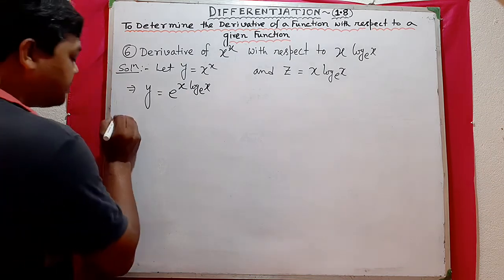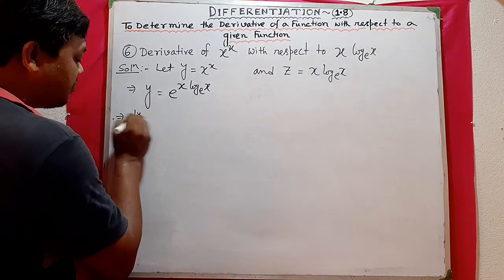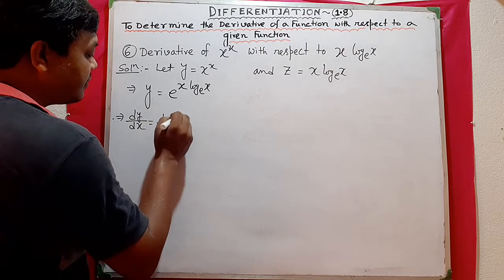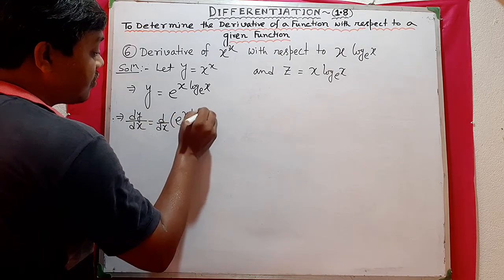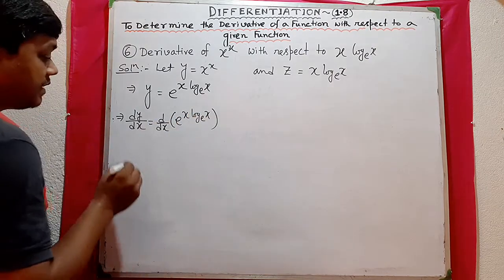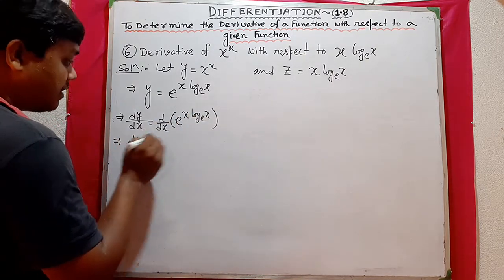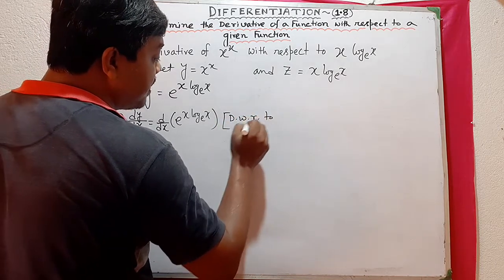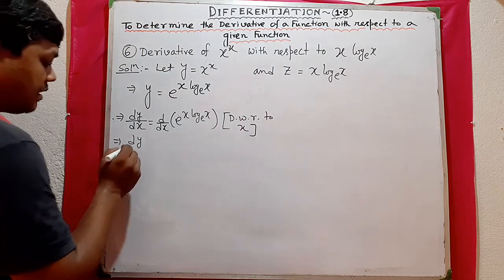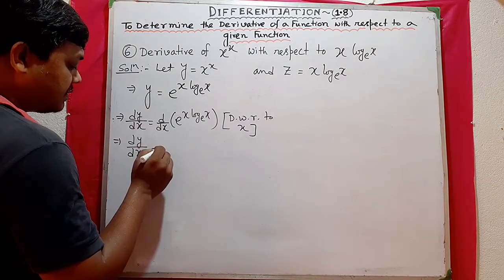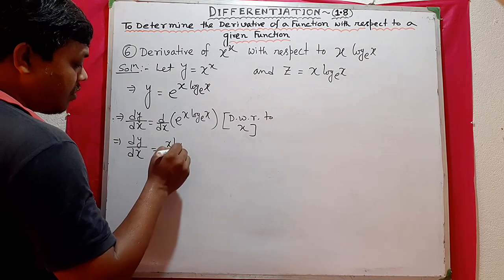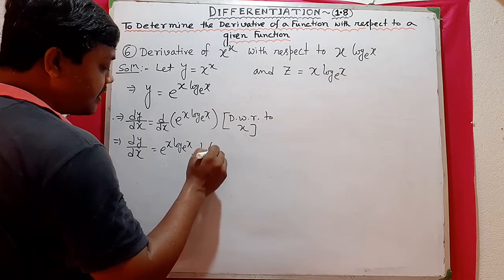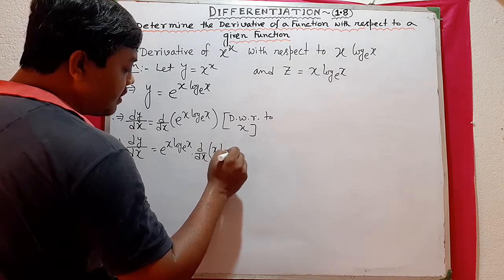So now differentiate with respect to x, dy dx equals to ddx of e to the power x log x base e, and differentiate with respect to x both side, dy by dx e to the power x log x base e ddx of x log x base e.